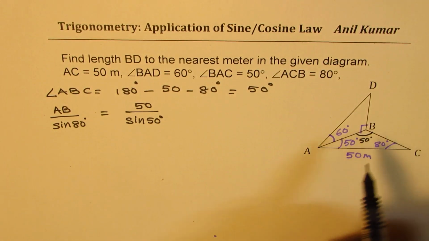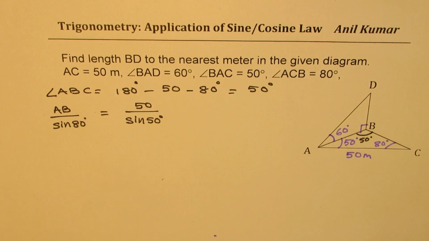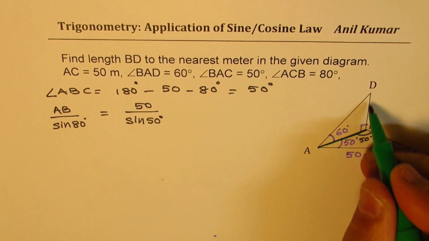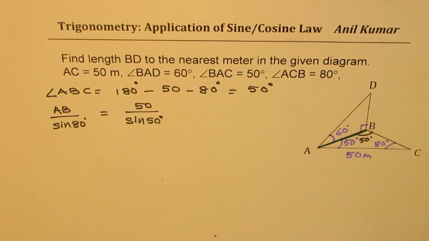So we have used this combination. We are trying to find what is AB. Because if we know AB, then that's the right triangle. Using tan, we can find the height. Perfect? Okay. So I hope the concept is clear.